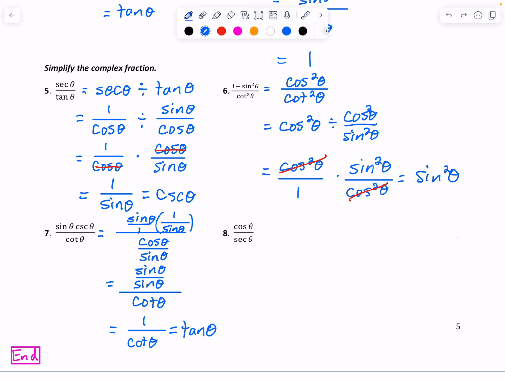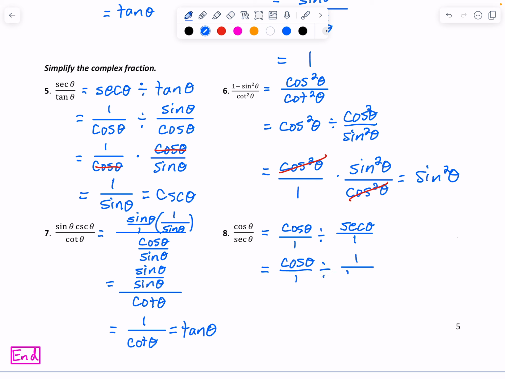All right, so number 8. Let's go ahead and change it to division. I got cosine theta over 1 divided by secant theta over 1. If I do cosine theta over 1 divided by secant, I'm going to go ahead and change secant.